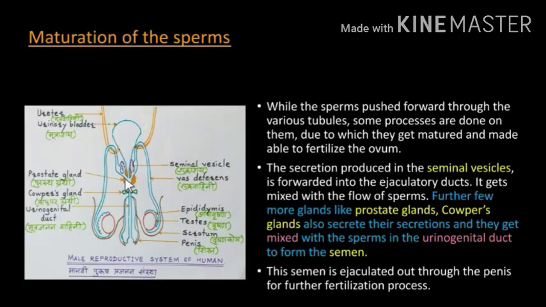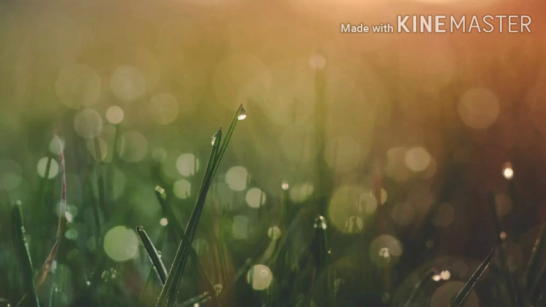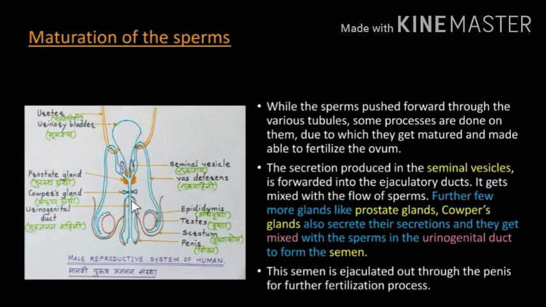Further, a few more glands like the prostate gland and then Cowper's gland also secrete their secretions. They get mixed with the sperms in the urinogenital tract to form the semen. This semen is ejaculated out through the penis for further fertilization process.